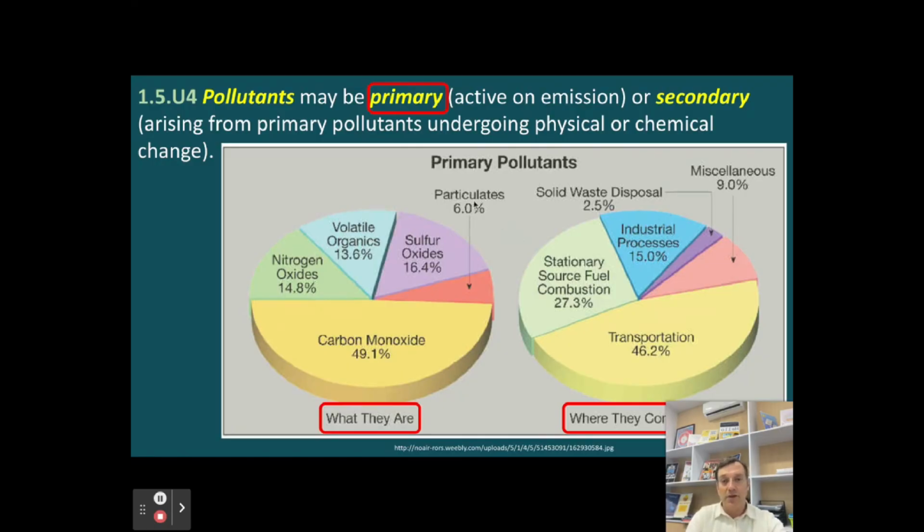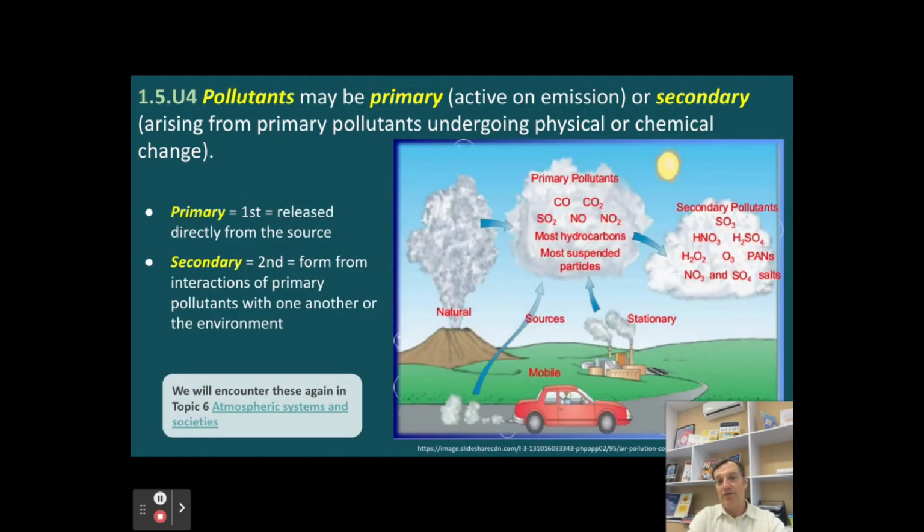Your particulates may come from transportation. They may come from industrial processes. But sulfur oxides come from solid waste disposal here. They may also come from your energy power plants. So being able to identify some specific pollutants and where they may come from will be useful examples to have on your ESS exam.